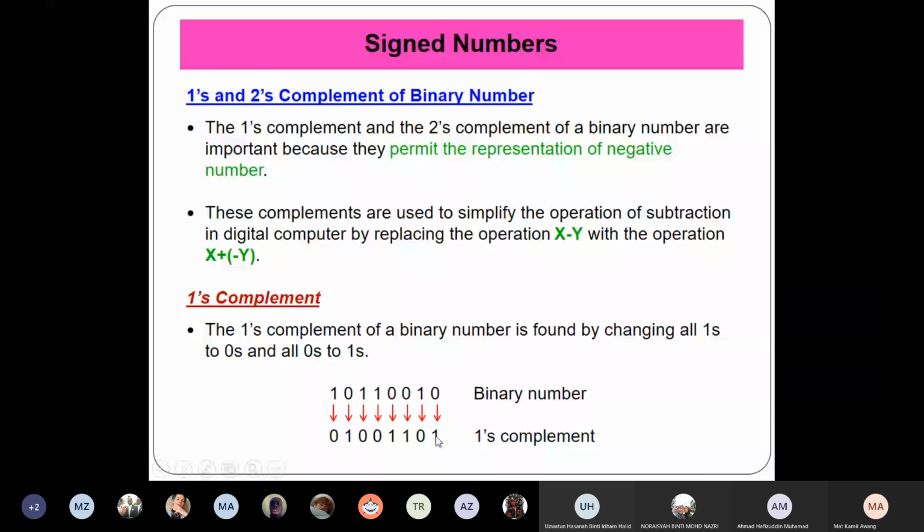So therefore, the ones complement of this binary number is 01001101. That is the ones complement. Simple. When I say it's a first complement or ones complement, you just change 1's to 0, 0's to 1 of that number. Clear?